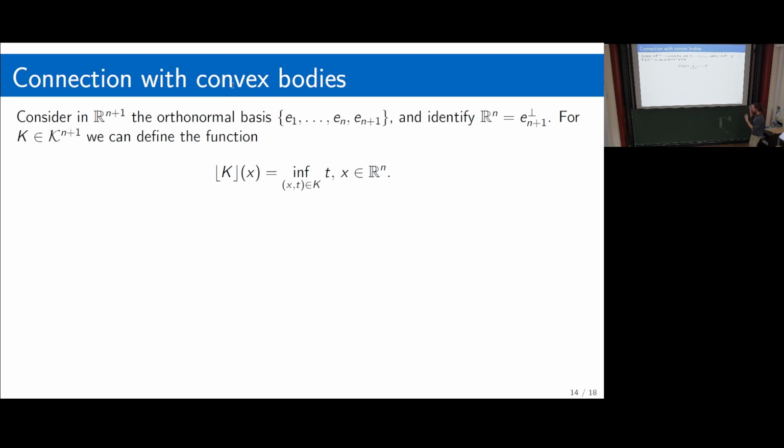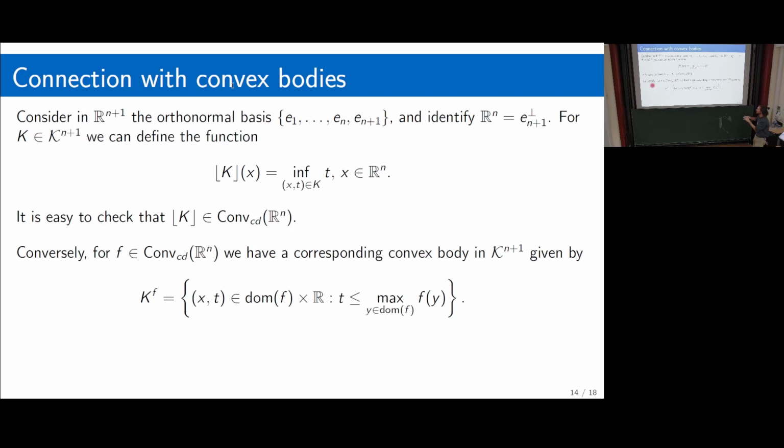So from functions we would like to go to bodies. Why? Because these Monge-Ampère measures, we will see in a second, can actually be expressed as surface area measures. How can we do that? Well, first we can go from convex bodies to convex functions. We just take a convex body and take a part of the boundary, a maximal part of the boundary which can be represented as the epigraph of a convex function, which will have compact domain because A is compact.